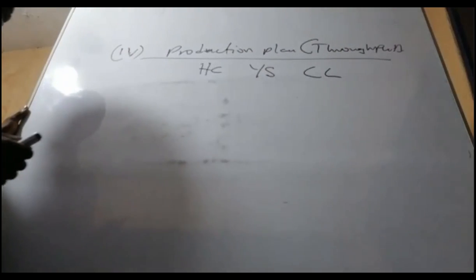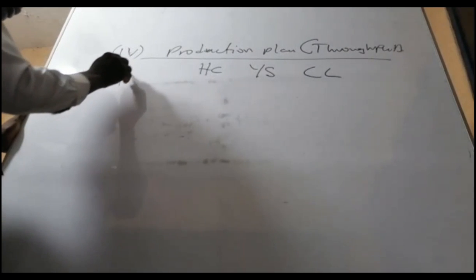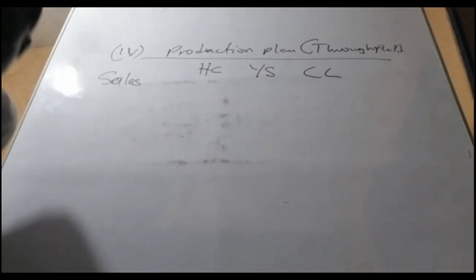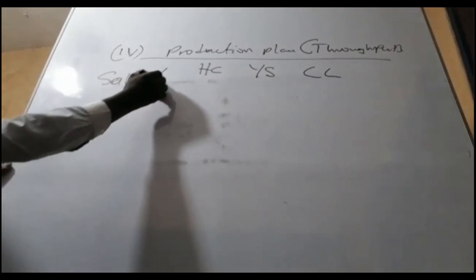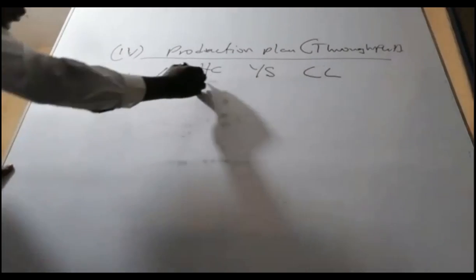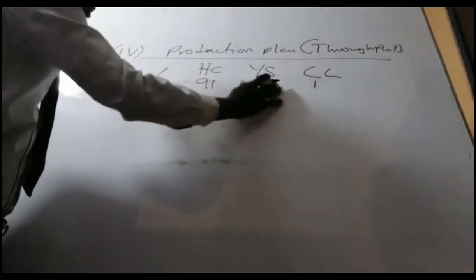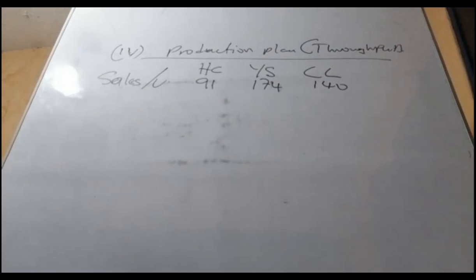To calculate throughput, you start with your selling price, or your sales. Normally they'll call it sales, but it should be selling price per unit. Sales per unit we know to be 91, 170, 174, and 140.